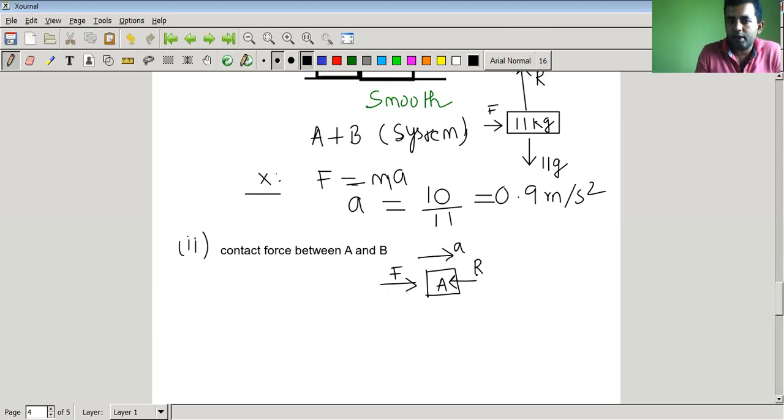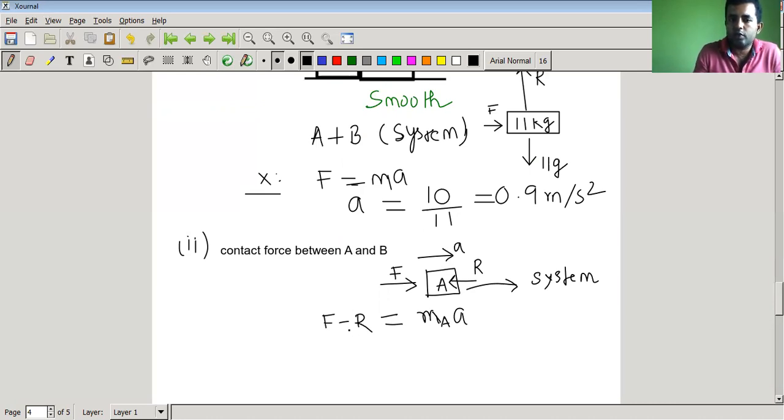So if I apply Newton's second law for A, along x direction, I can write F minus R will be equal to mass of A into acceleration. Now remember, when I'm calculating contact force between A and B, this A is my system now. So once I decide the system, I label all the forces acting on it. Fine. Now this will be the equation.